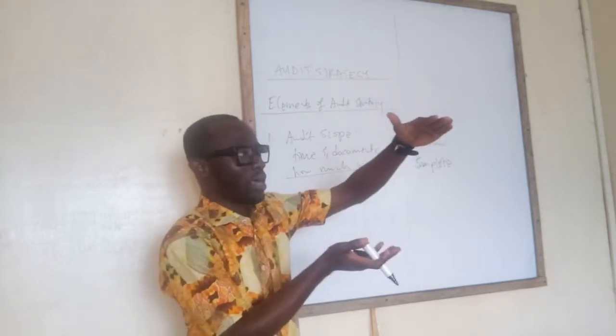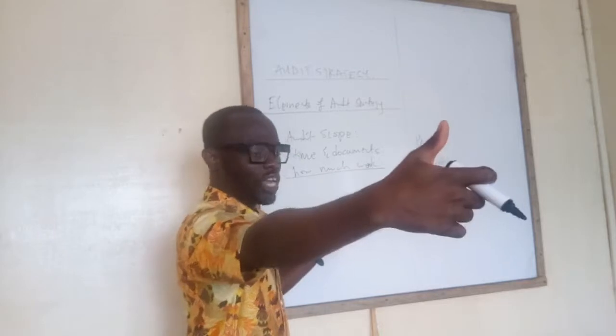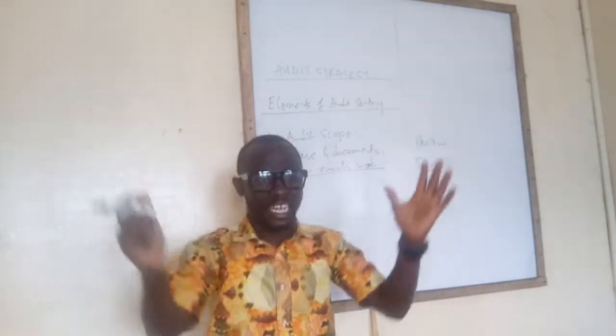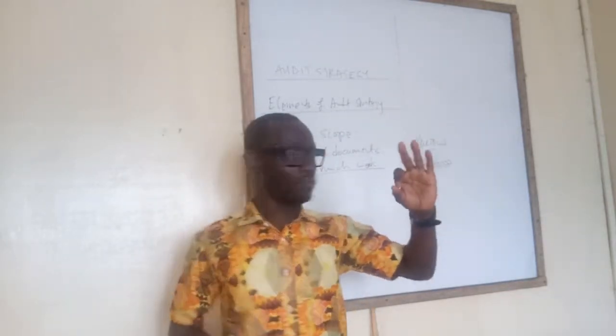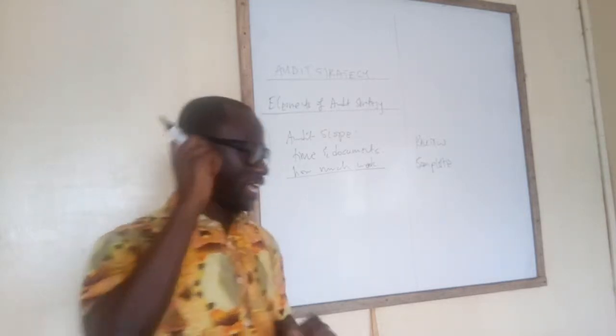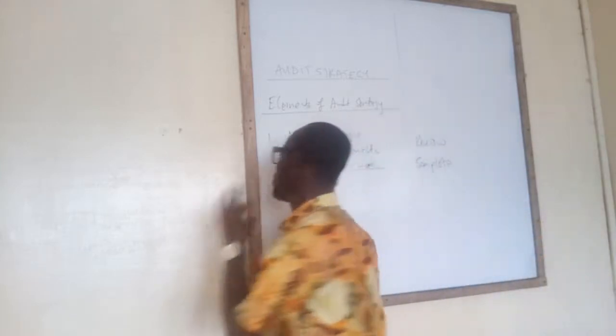So we are reviewing the budget of the company, or we are reviewing the performance of the internal control. So the work involved and the time will be short. But if we are auditing the whole financial statement of the company, then much work is going to be involved. So that's the first component of audit strategy, the scope of the audit, the amount of time and documents which are involved in the audit.